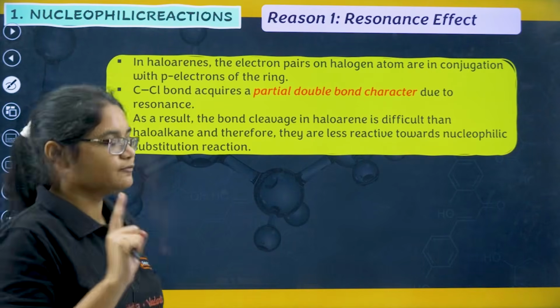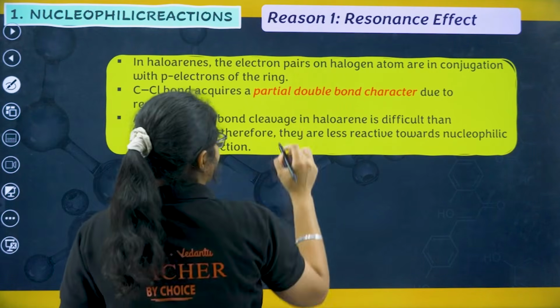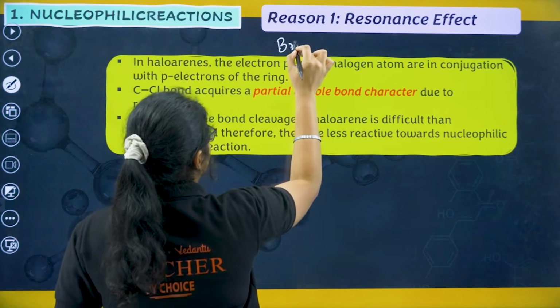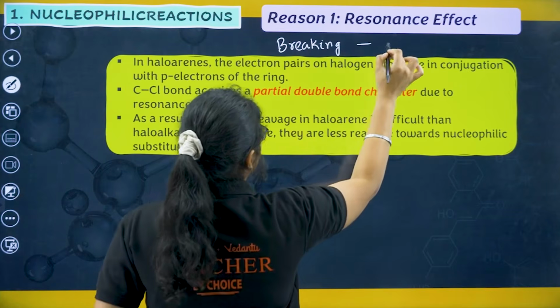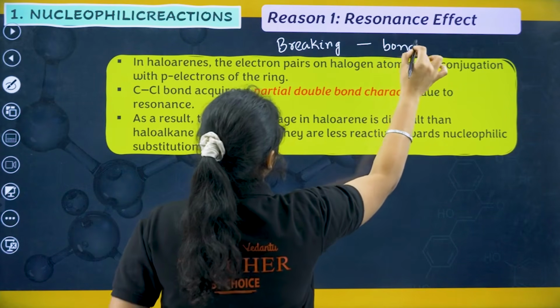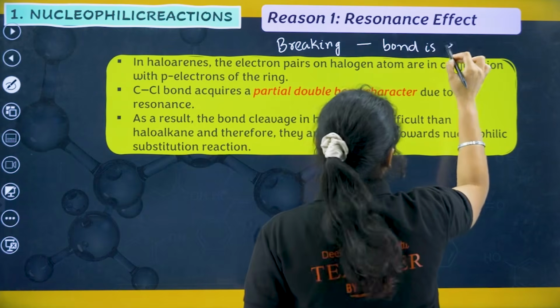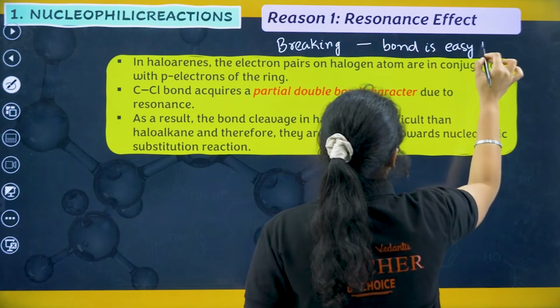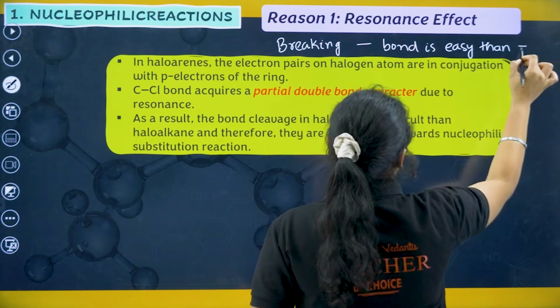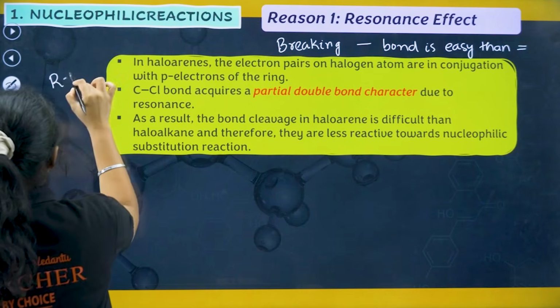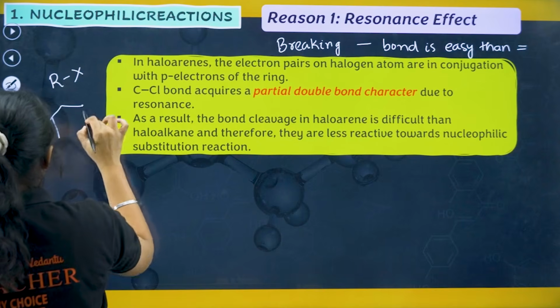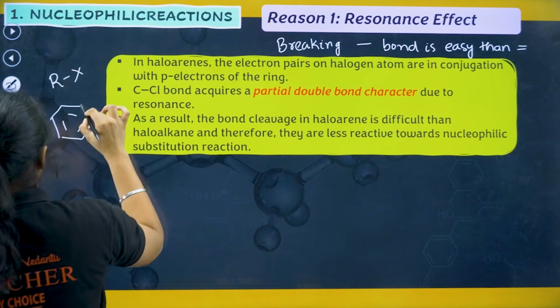First you should understand one thing, that breaking a single bond is easier than breaking a double bond. So we have here RX and here we have ArX.